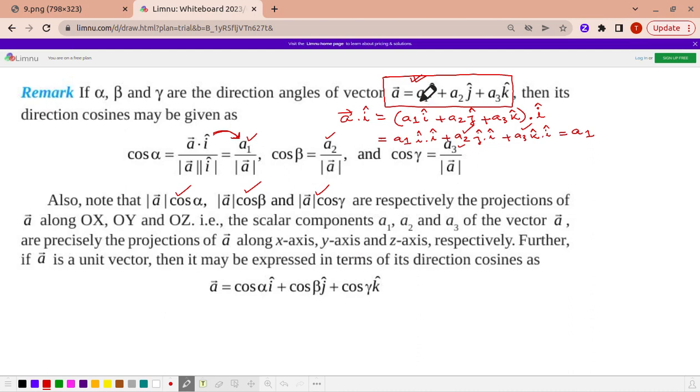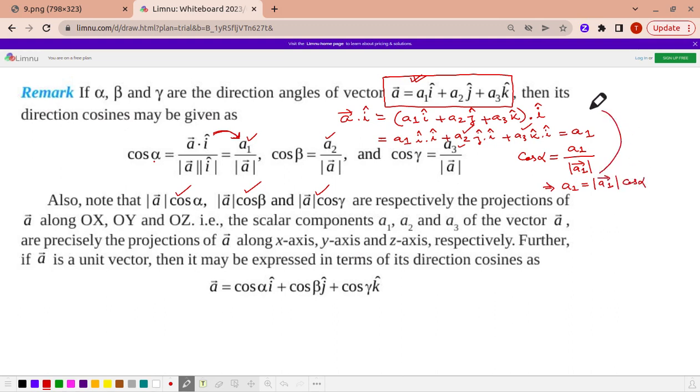Obviously, what is A1? A1 is nothing but mod A cos alpha, right? If I just explain with one, then you will understand the other parts. Cos alpha equal to what? A1 by mod A. So this implies that A1 is equal to mod A into cos alpha.